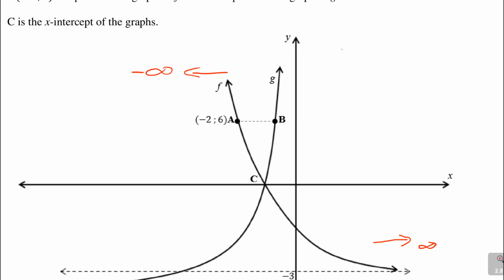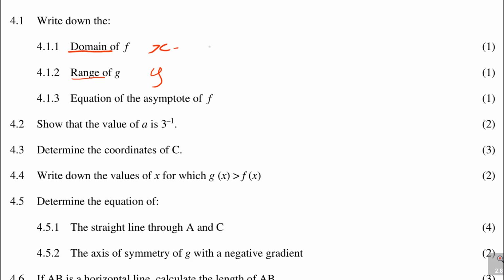So you can write on the domain that x is an element of negative infinity to positive infinity. Or you can just say x is an element of real numbers. They will allow this simpler one. So the answer here can be x is an element of real numbers. Okay, so that is the first part.